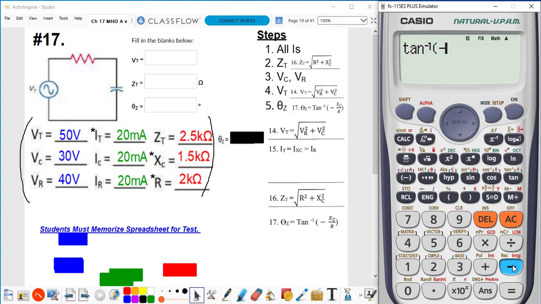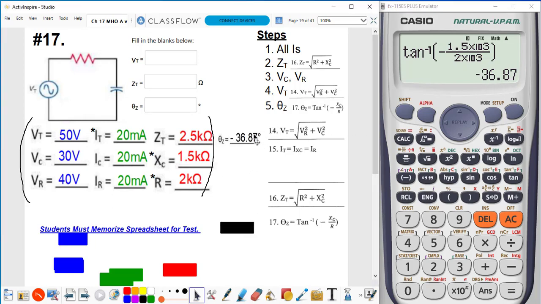All right, then we're going to hit the negative symbol. We're going to punch in our XC value of 1.5 times 10 to the third over under our R value of 2 times 10 to the third. Scroll over, close parentheses, it equals, and it's negative 36.87 degrees.